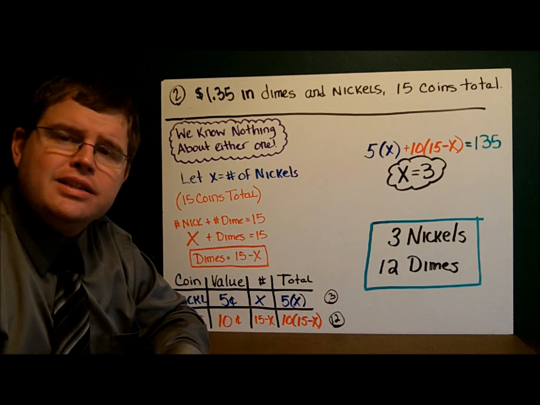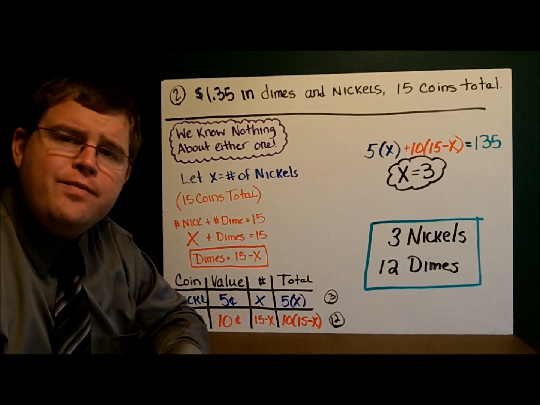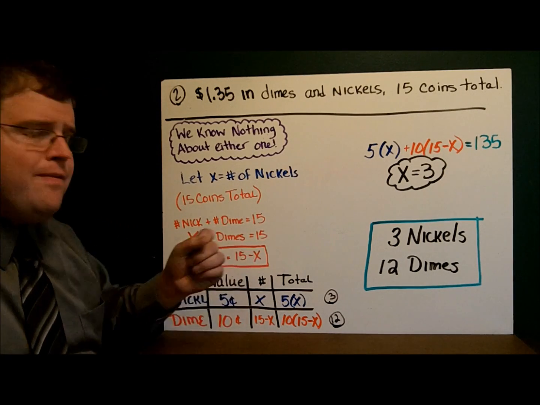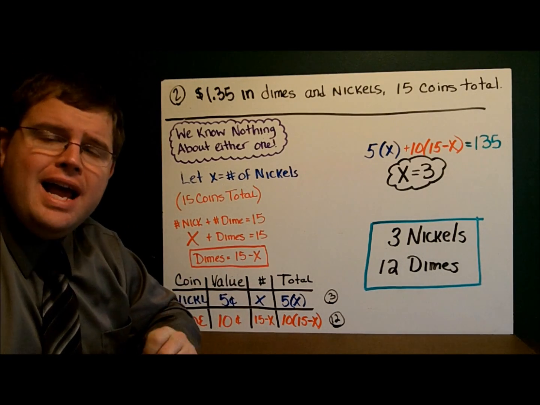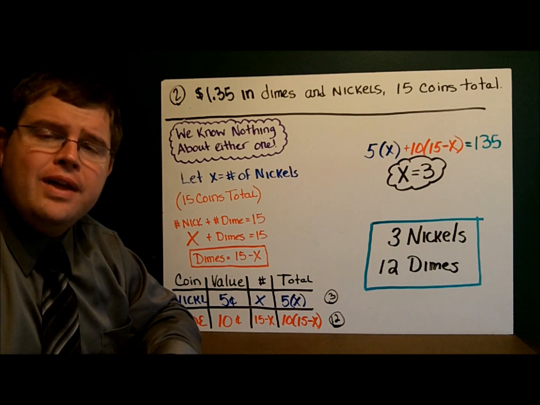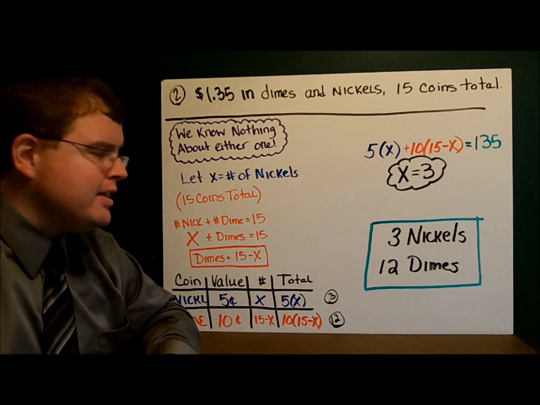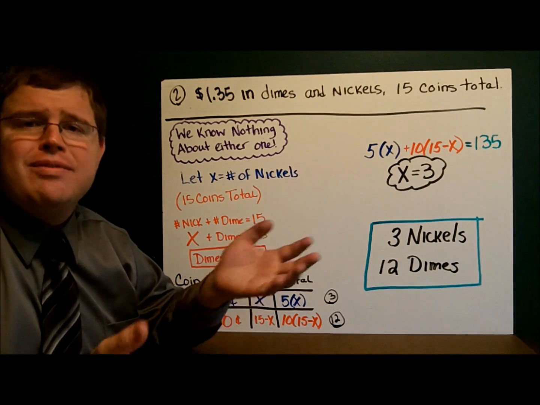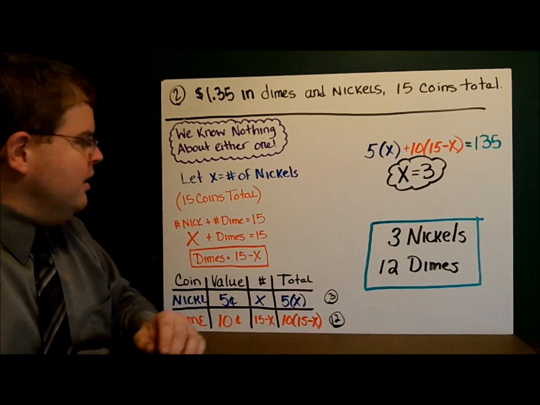Now that actually makes a lot of sense. If I have 15 coins, well, if I have 0 nickels, I have 15 dimes. If I have 1 nickel, then I have 14 dimes. If I have 2 nickels, I have 13 dimes because I have a total of 15 coins.